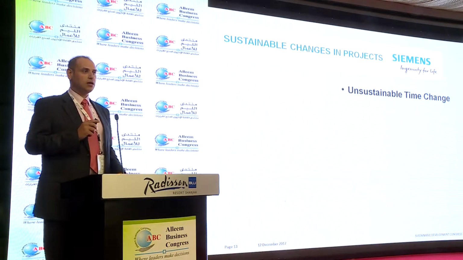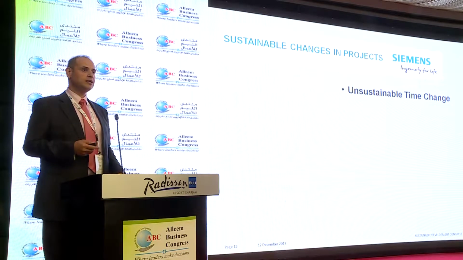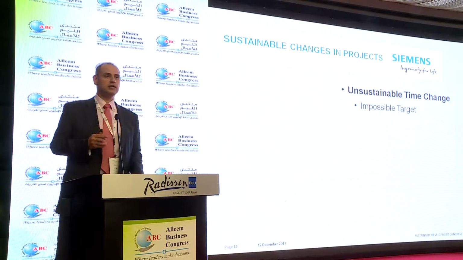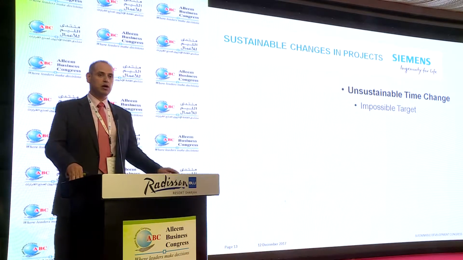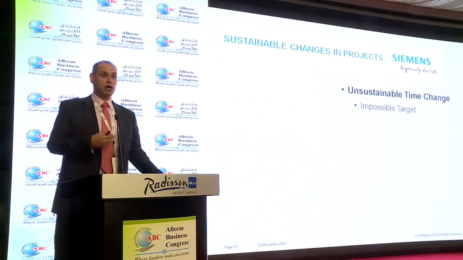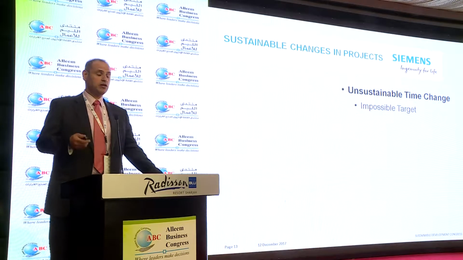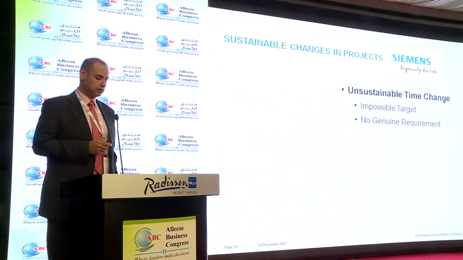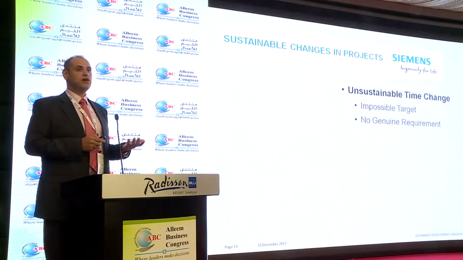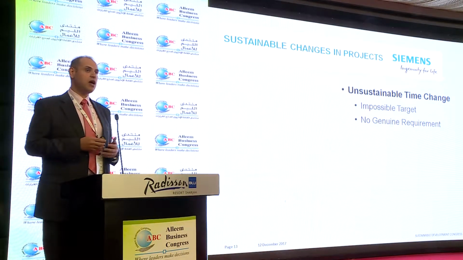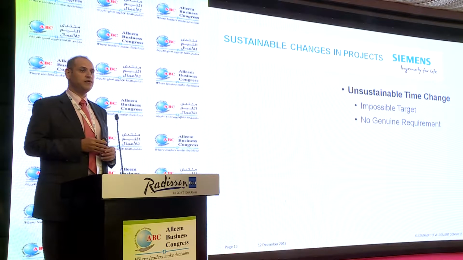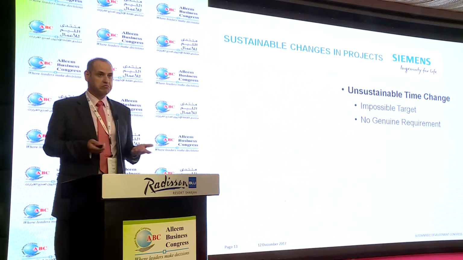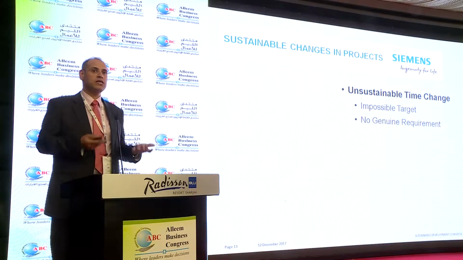But time change can also be unsustainable. What happens when somebody comes and says, I want an impossible time target? And sometimes people agree to that, but it's unsustainable. It doesn't work. And if the customer comes and says, I want you to finish a project in 15 months rather than 18 because I want to, there's no genuine requirement. There's no need for it.